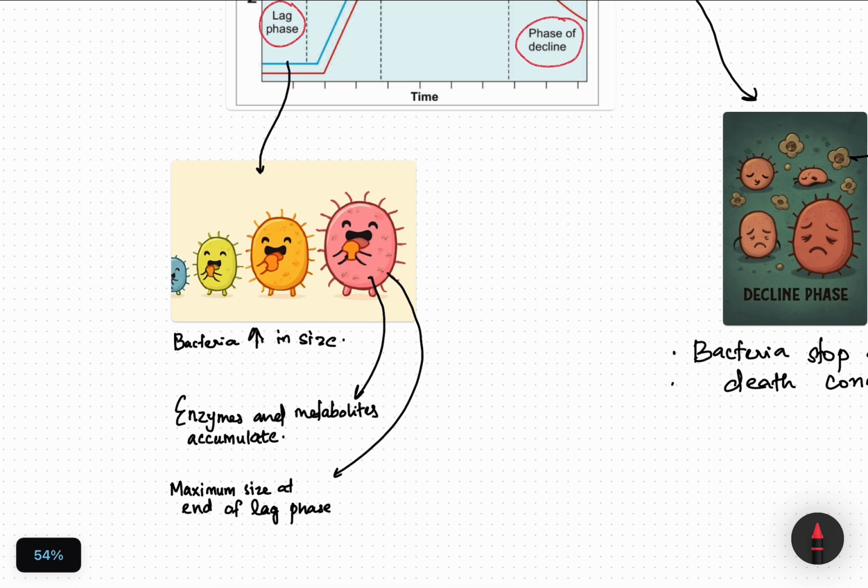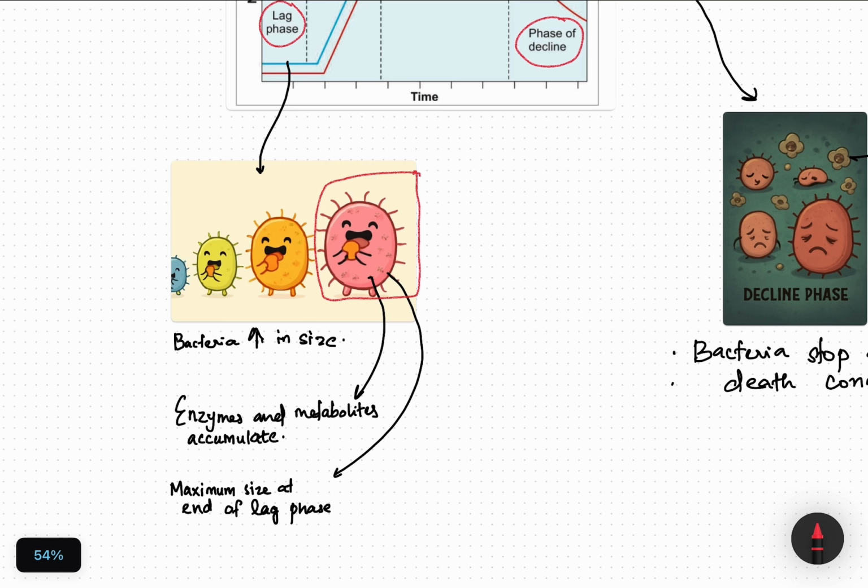The first phase is the lag phase. This is the period from when you inoculate the culture to the time the bacteria become metabolically active. What is happening during this period? The bacterium is utilizing the nutrients present. He is eating and eating, and becoming the biggest of them all.